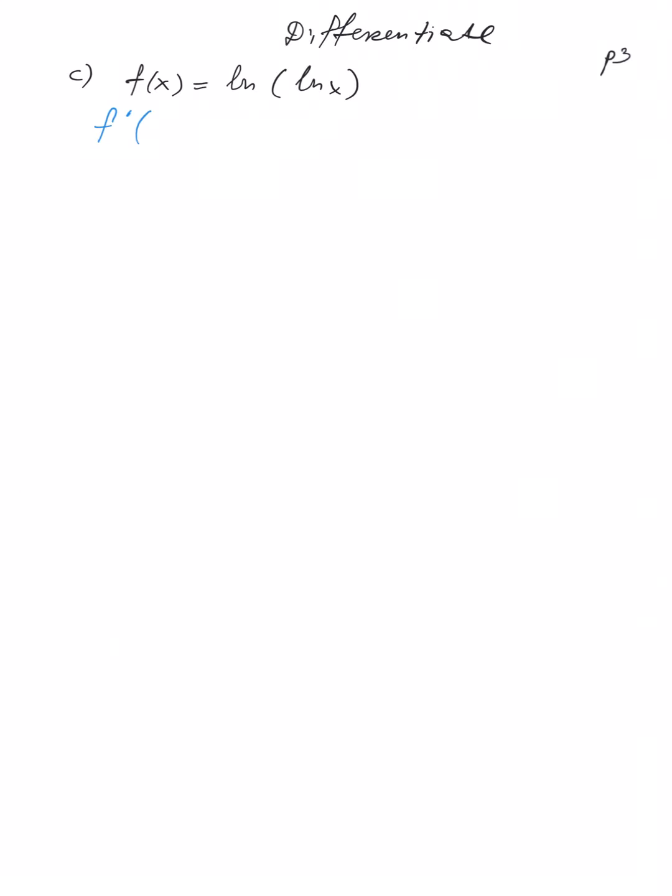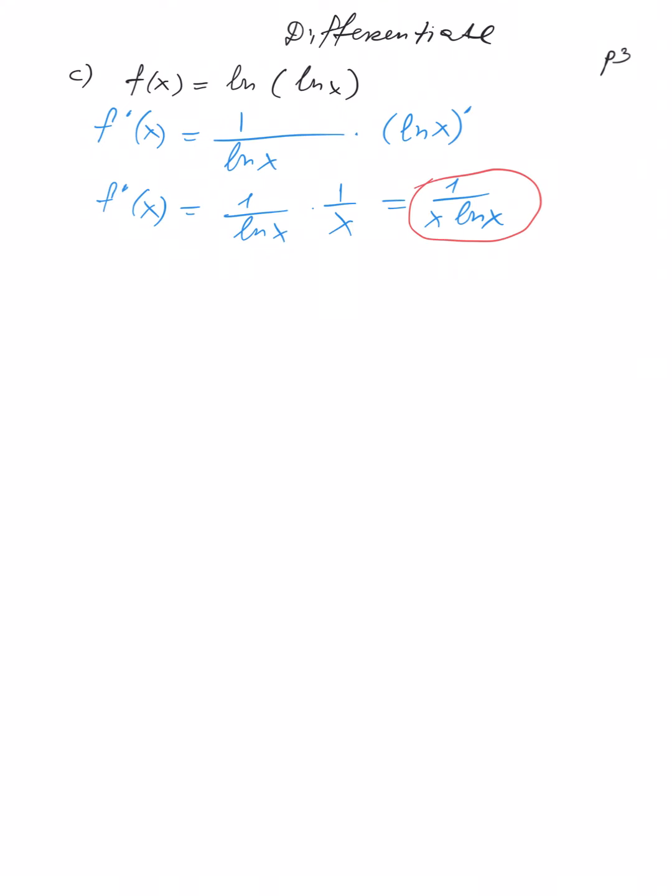The derivative of f of x is going to be 1 over whatever you had in parentheses, that's ln of x, times the derivative of whatever was inside the parentheses. So f prime of x is equal to 1 over ln of x, and the derivative of ln of x is 1 over x. We can put this together as 1 over x ln of x, in the proper order, and that's our final answer.